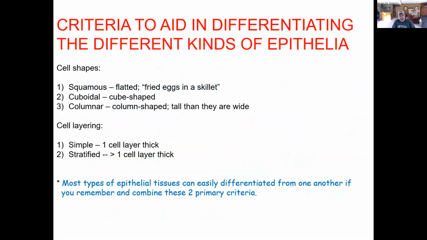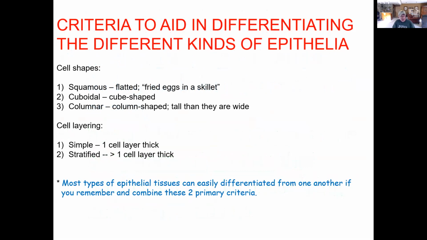So one way to begin to differentiate the various types of epithelia is to think about these two very important criteria. The shape of the cells that make up this epithelial type of tissue, and how are those cells arranged. So you see the three basic cell shapes there.